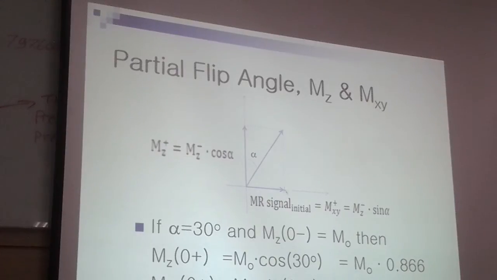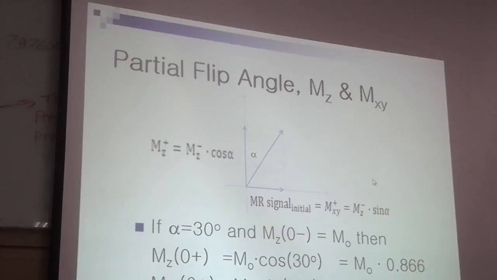This figure shows the longitudinal magnetization is about 87% of this diagonal vector. And the transverse magnetization is M0 multiplied by sine 30 degrees, so about half of the equilibrium magnetization.